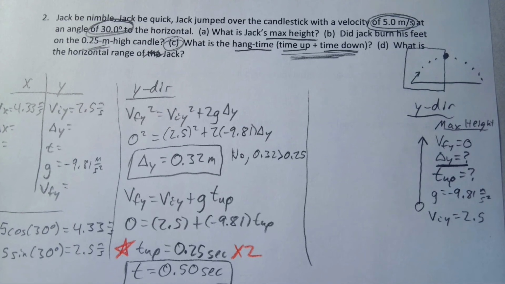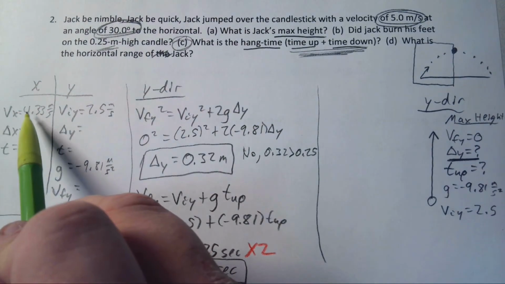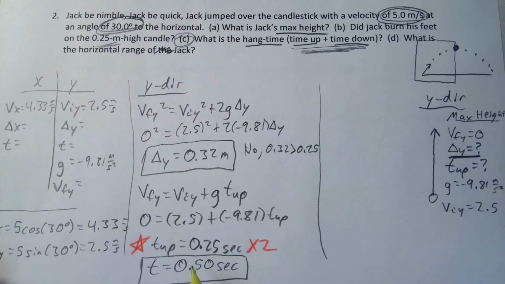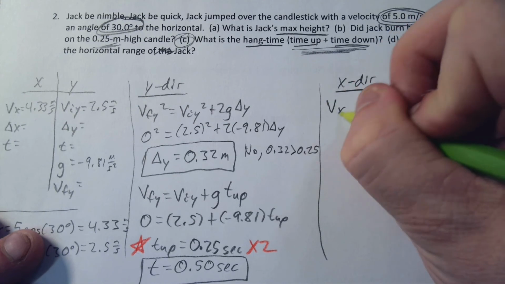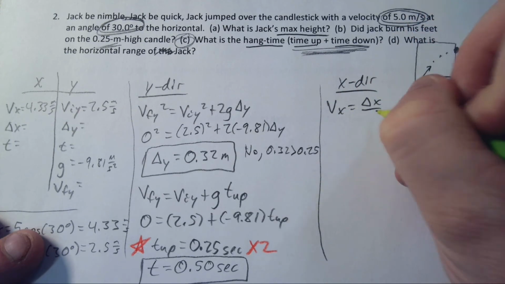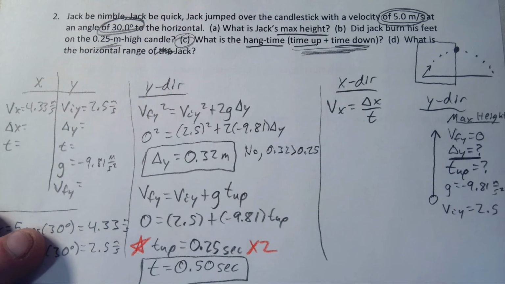And now all we have to figure out is how far it goes horizontally. We know the velocity in the x direction. We now know the total time that it moves horizontally. So we can use our equation to solve for delta x.